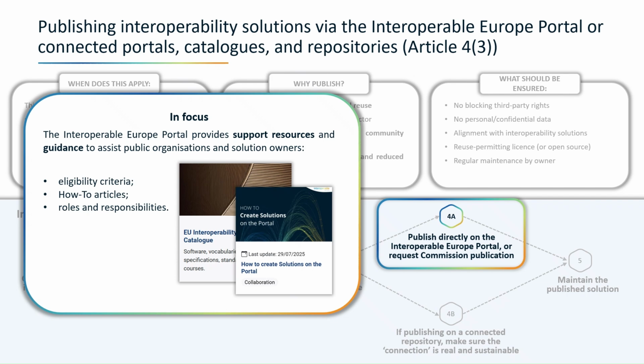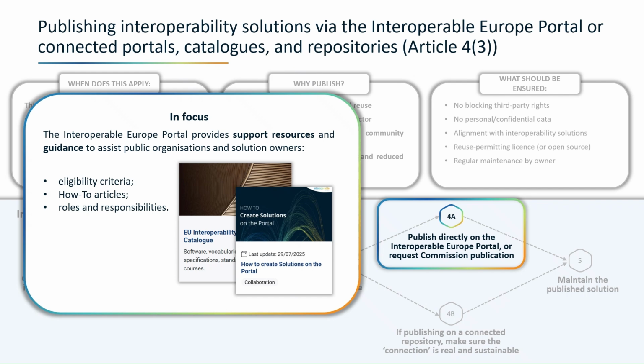These include eligibility criteria, practical guidance, how-to articles, and information on roles and responsibilities. When publishing, there are two main options. A public organization may publish directly on the portal, or it may request the Commission to publish the solution on its behalf. If the solution is published through a connected portal, catalog, or repository instead, the key requirement is that the connection is real, stable, and maintained.